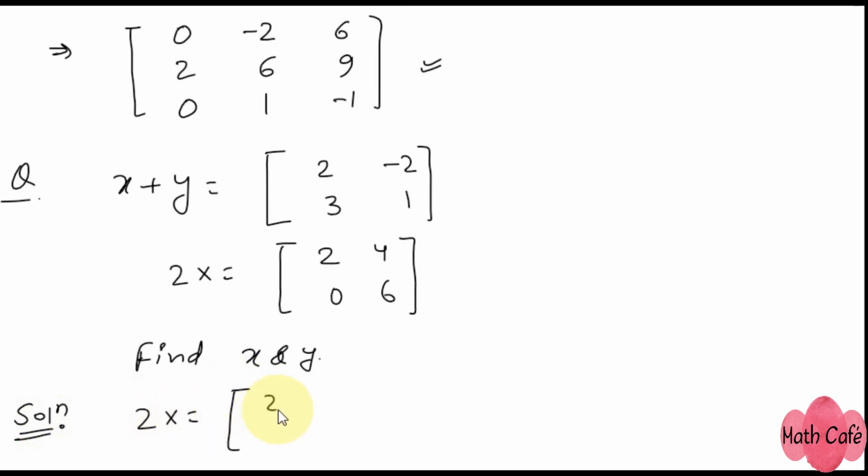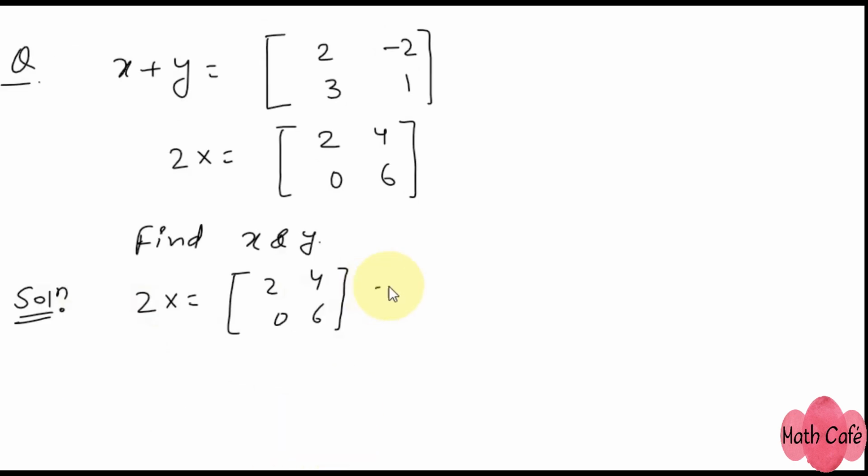Alright, so here 2X is given to us as 2 4 0 and 6. I can find X by dividing by 2, so that will become 1 by 2 of 2 4 0 and 6.